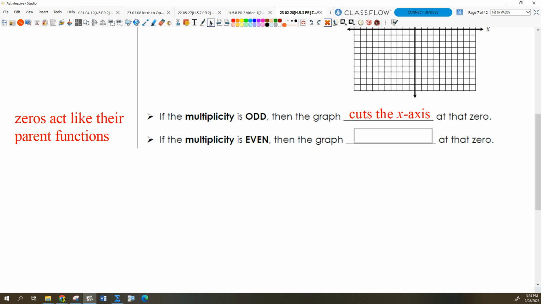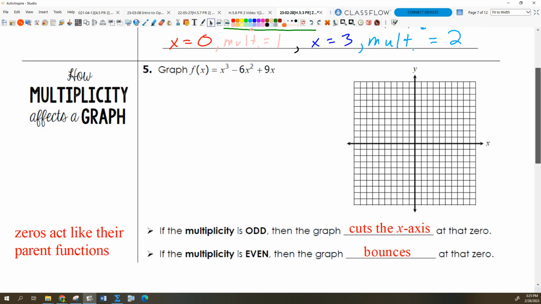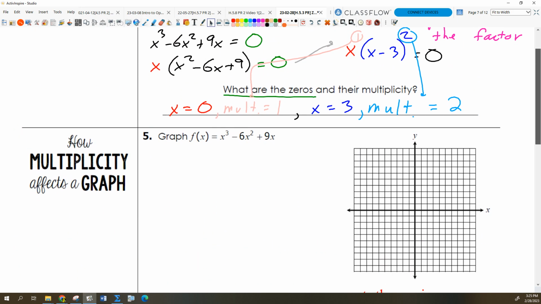If the multiplicity is even, then the graph is going to bounce like a parabola, right? Because look what parabolas look like. They bounce. They don't go all the way from positive infinity to negative infinity or vice versa. So just like a parabola looks, that x-intercept is going to bounce.